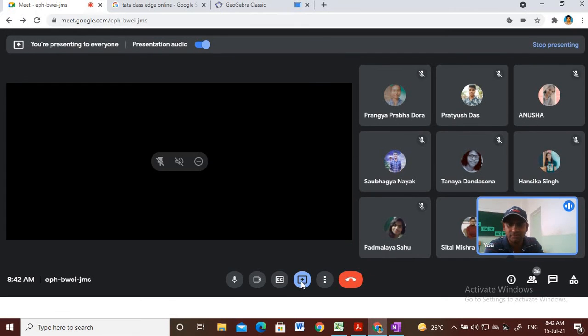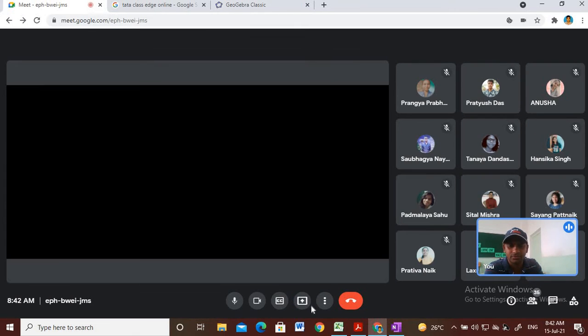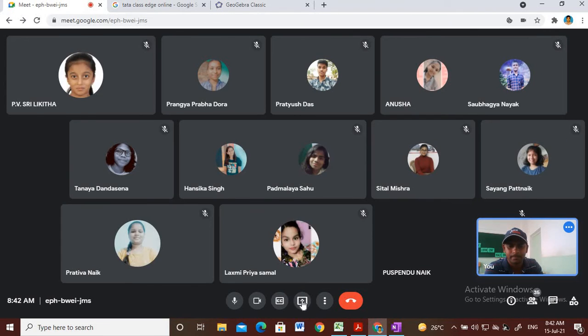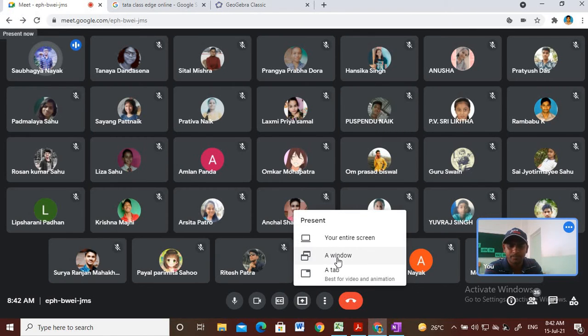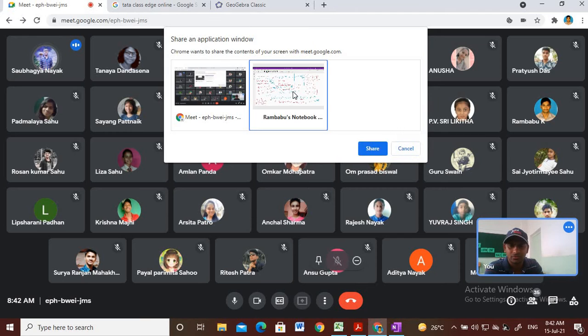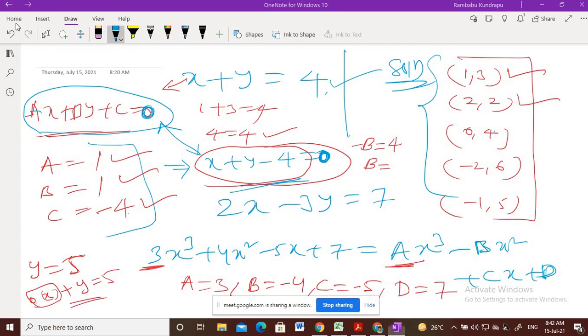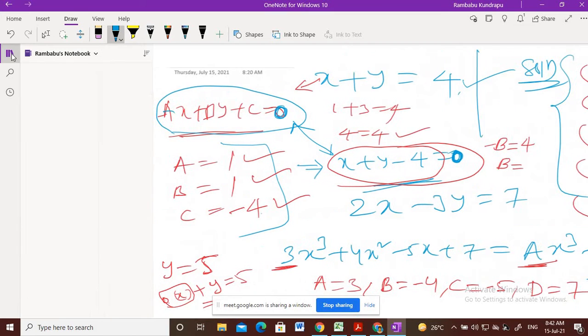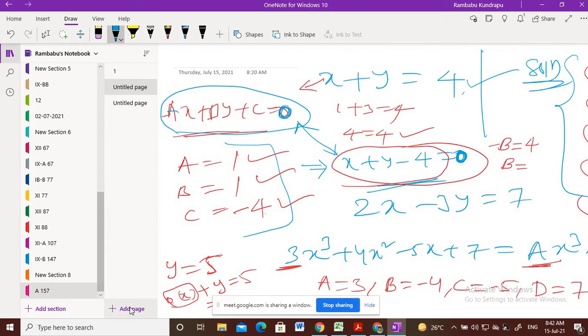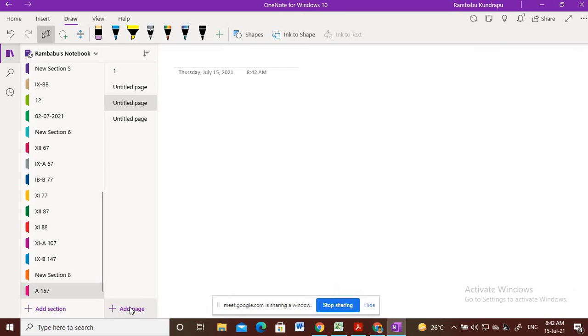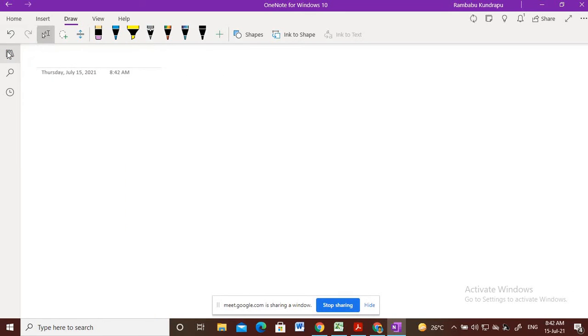See here, just wait, I am opening this OneNote. Sir, is it delta y by delta x or something like that? No, just wait. How to form the equation? By following the points, if you know the points, we can create the equation. Is it visible or not? Yes, it is visible to you.